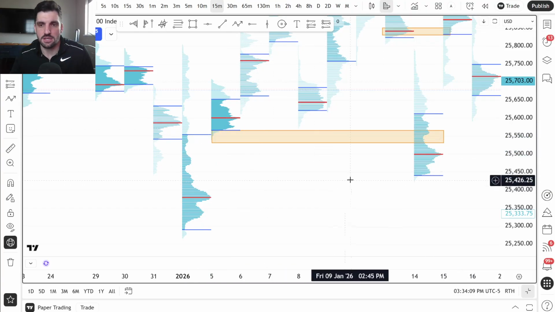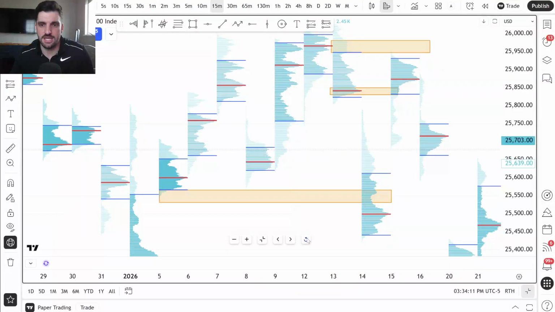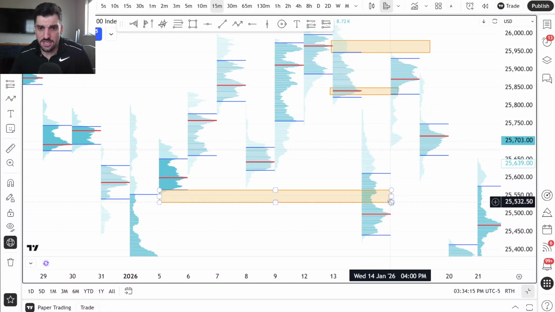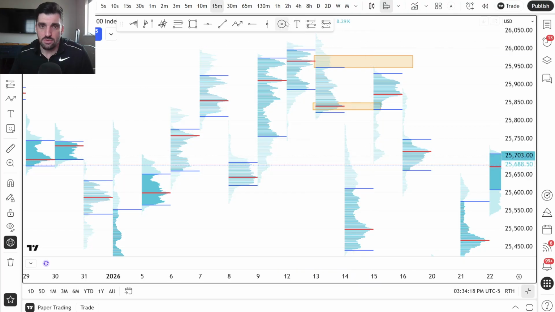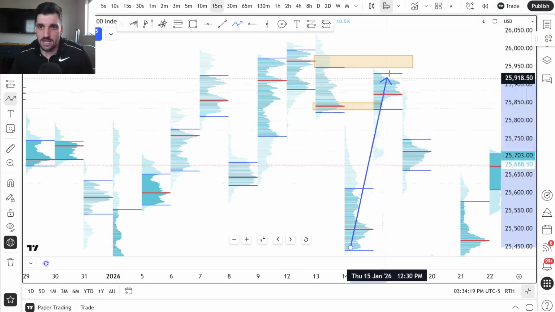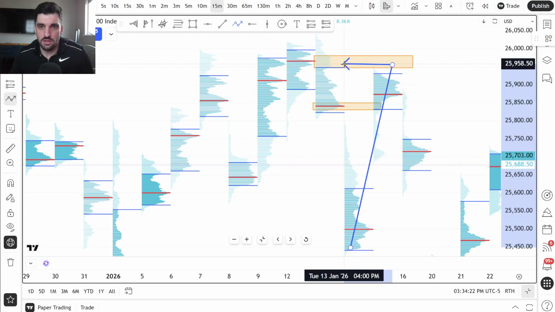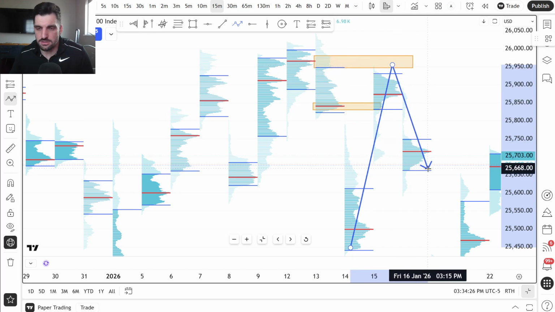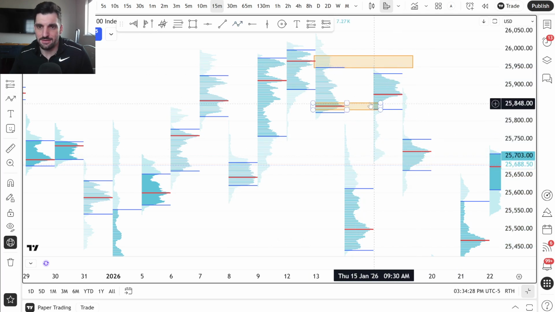So sellers have taken control of this market, all right? Sellers have taken control of this market. And then what do we see on the subsequent day? We see the market rallies back up to the premium priced areas, and then that's where the market starts to shift down again, all right?